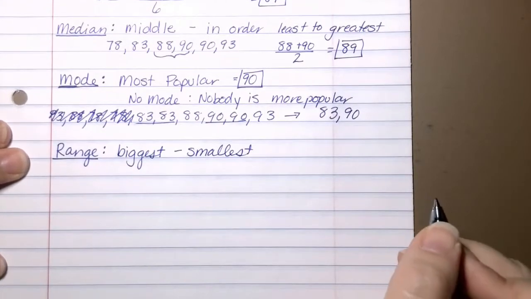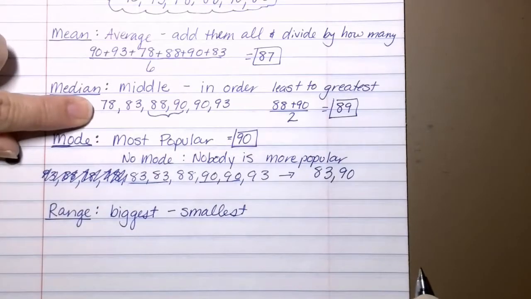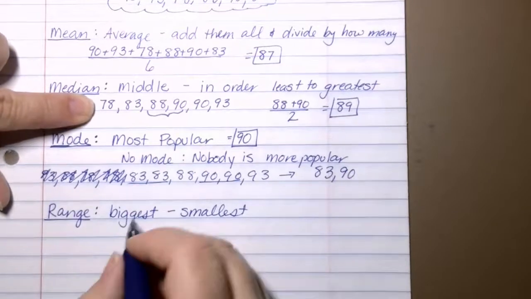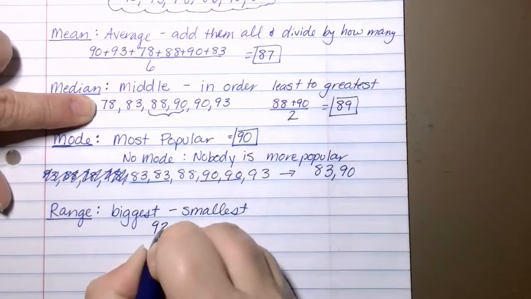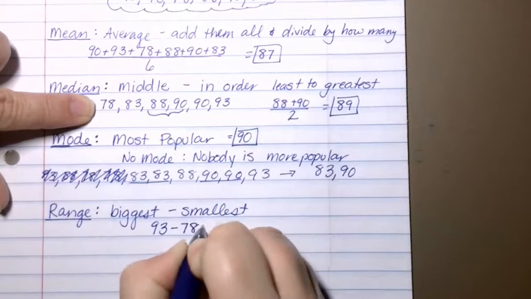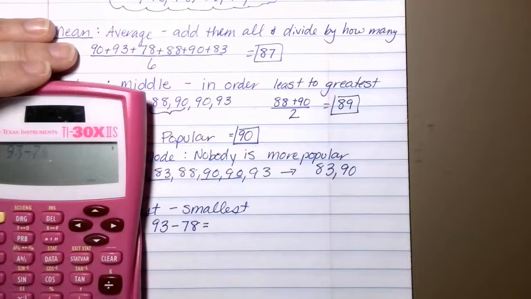You take the biggest number on the list and you subtract the smallest number on the list. I like going back to where it's all in order for my median because the biggest number's on the right, the smallest number's on the left. So 93 minus 78 is what? 93 minus 78 gives me 15.